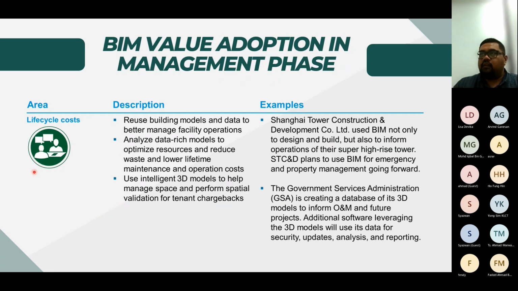Okay, so this one is for the life cycle. Basically the life cycle is normally the owner's part. The owner will take the 3D model, analyze the data inside the model, then use the 3D model to help manage space and perform spatial validation. Basically, they also have their own tools. For example, our office is providing the Novate FM system. For each tool, they have their own modules for safety, for space management, for defect stability, everything.